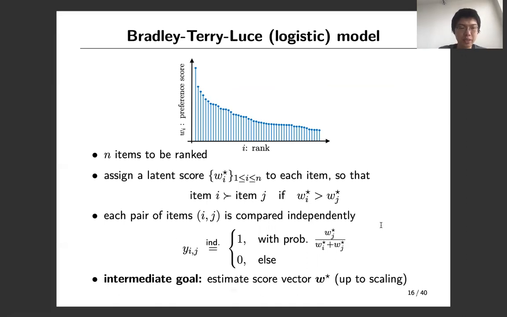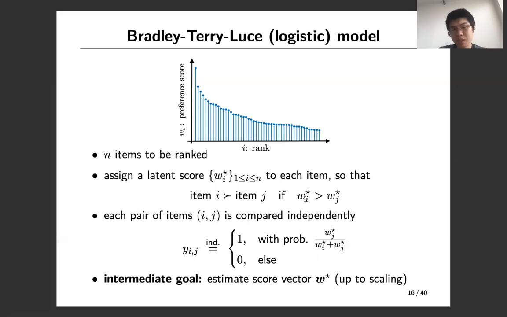That means Y ij equals 1 with probability W star j divided by W star i plus W star j. The ultimate goal in this problem is to rank the items. However, the order of this score vector reveals the ranking of the items. So an intermediate goal is to estimate such a score vector W star.